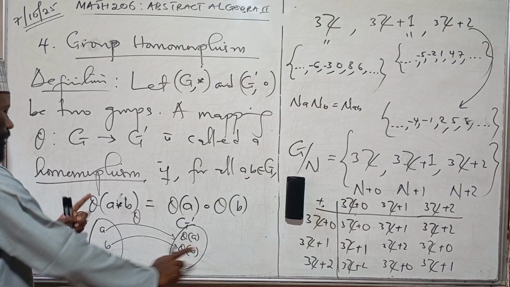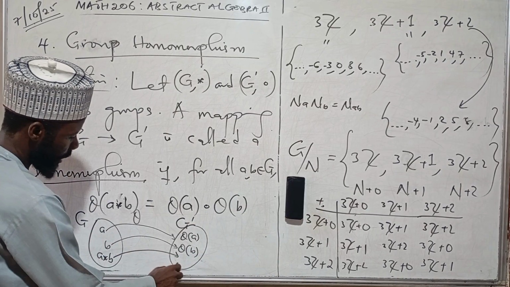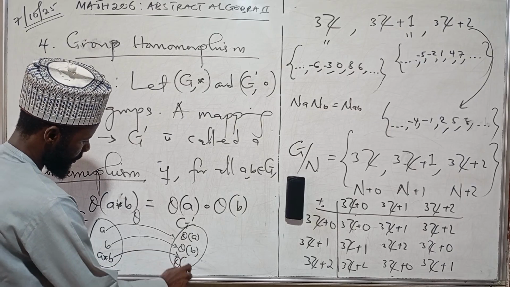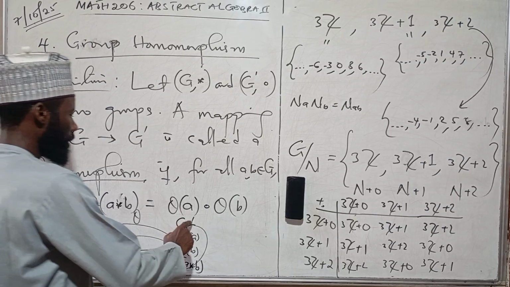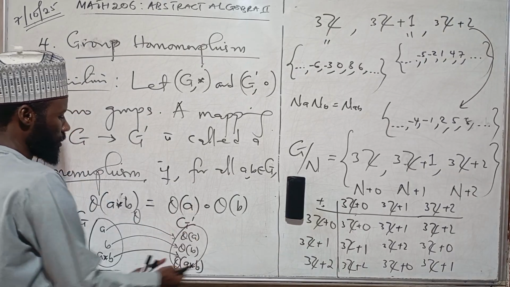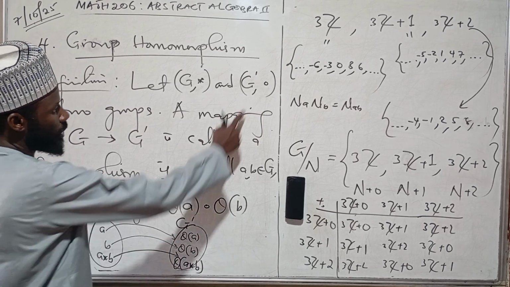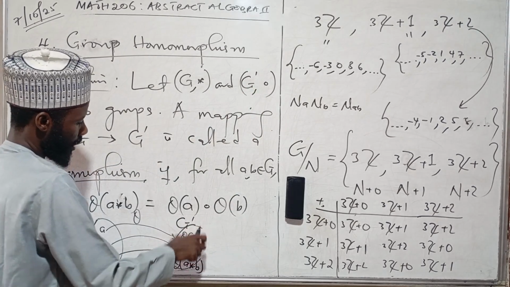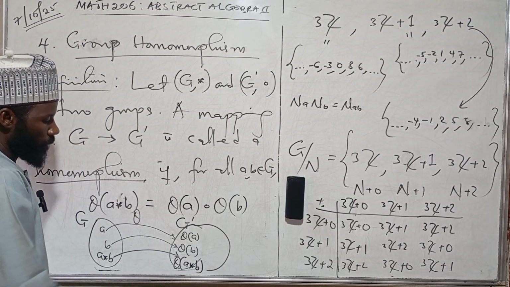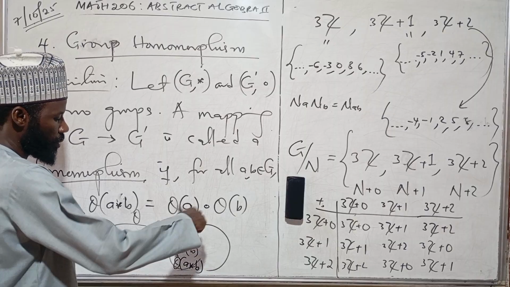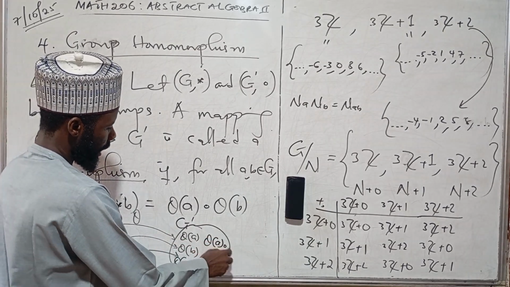And since we are talking about a mapping, every element of the domain must be sent to an image, and that image here will be the image of A star B. But here, we are still living inside a group. So elements can multiply to produce a new element, and the multiplication is via the cycle operation. And so the product of theta A and theta B will still be living inside this group. So it is theta A cycle theta B.